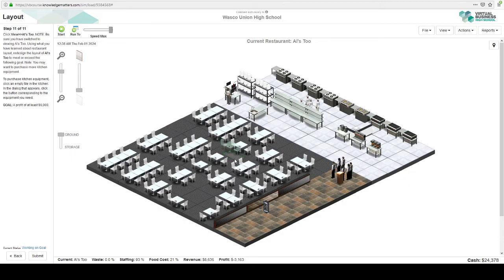Let's take one of these. I don't even know if I saw any parties of 2. Seems to be mostly parties of 4. Come on, you can do it. There we go.